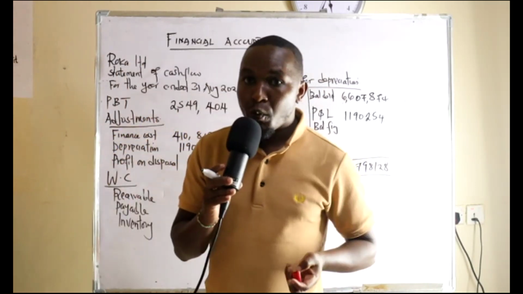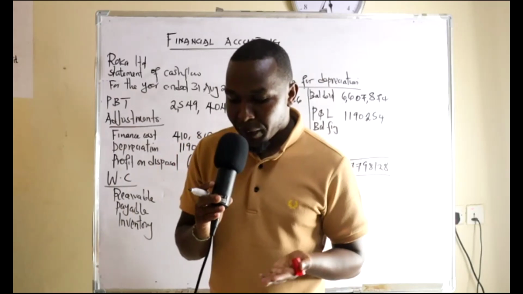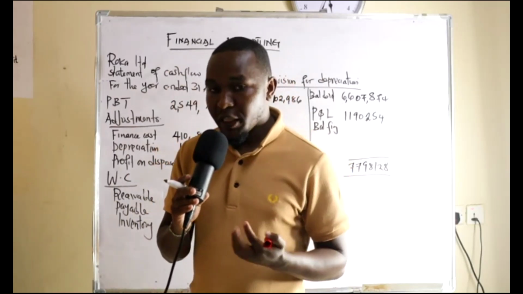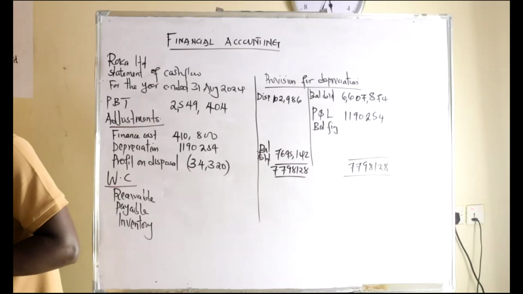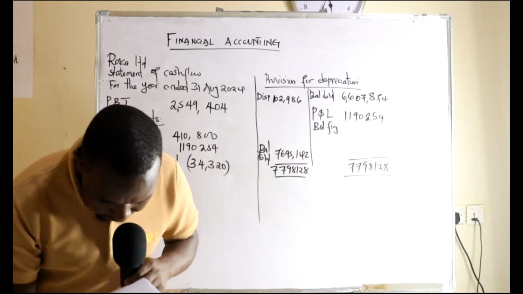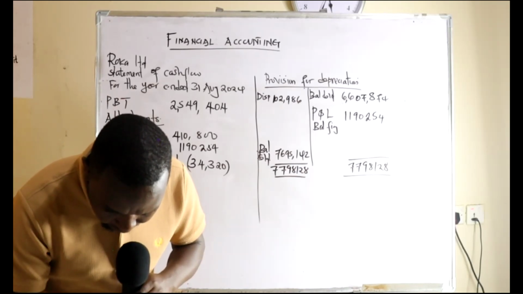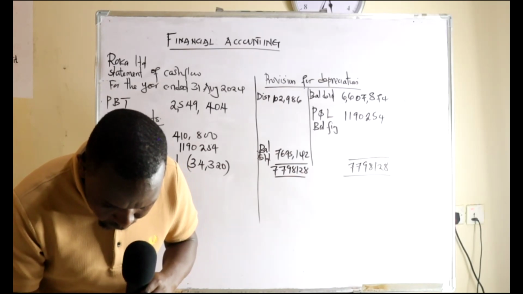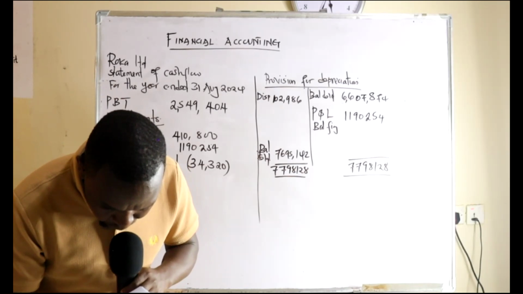So what happens when the receivable decreases? It means the customers have paid their dues, which means it increases our cash inflow. So take 45,004,864 minus 31,150.